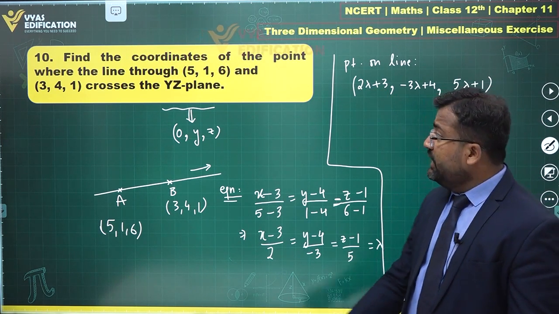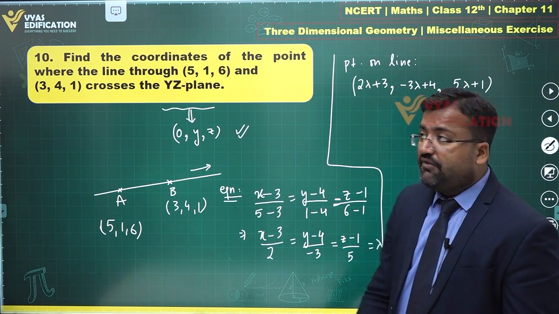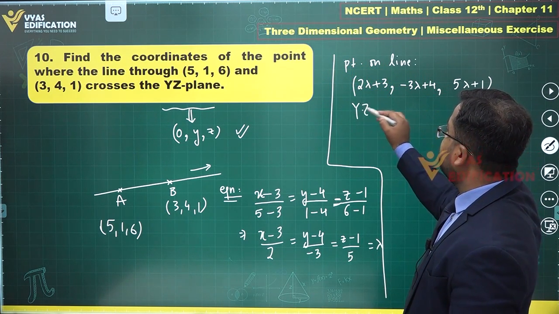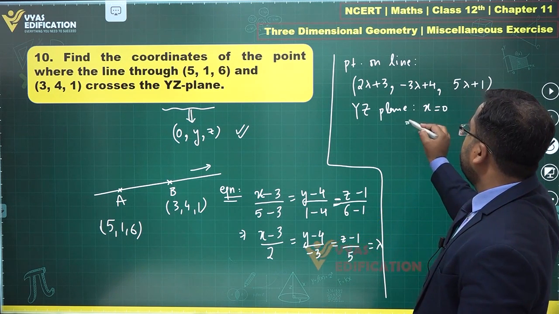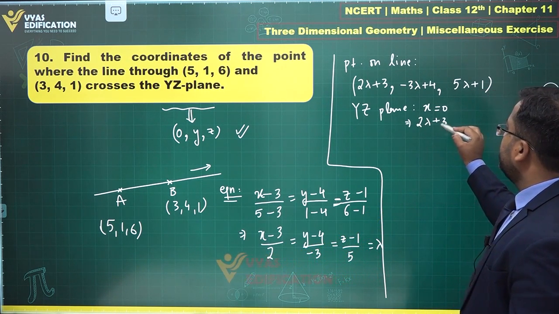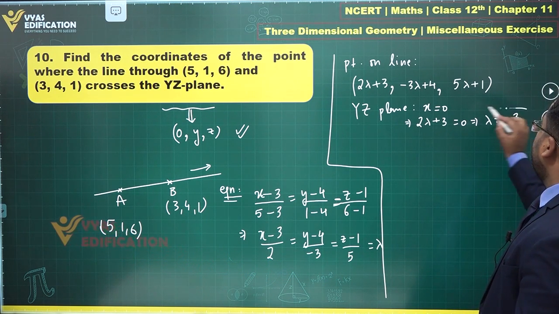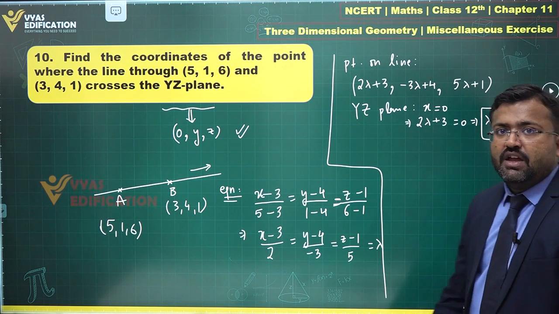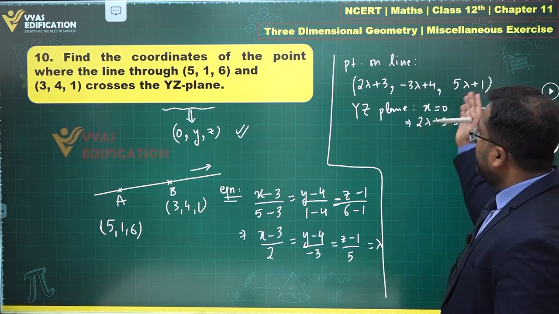The important thing to note is that you are supposed to find a point of this particular form, a point on the YZ plane. When we talk about the YZ plane, the x coordinate is equal to 0. That tells me 2 lambda plus 3 is equal to 0, which tells me lambda will be equal to minus 3 by 2. If lambda is equal to minus 3 by 2, then you can easily find the other 2 coordinates.